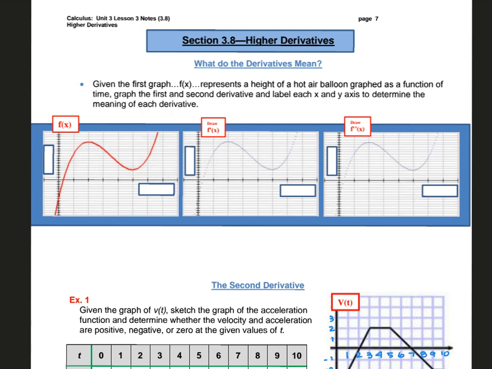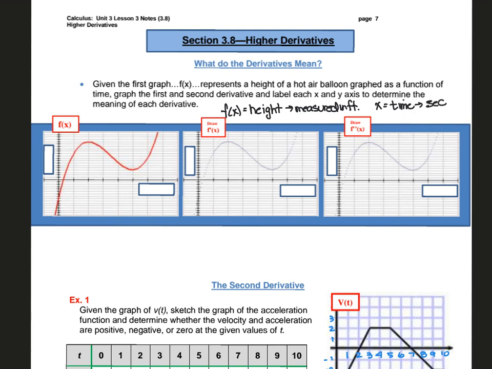So what we have in this problem is a function f of x, which is equal to the height, and let's say measured in feet, and our x value, which will represent time, and let's just say that that's measured in seconds.